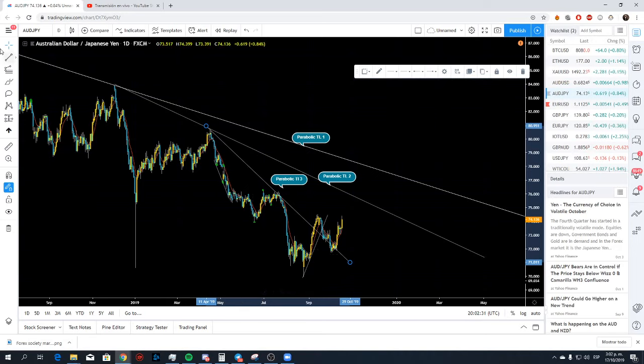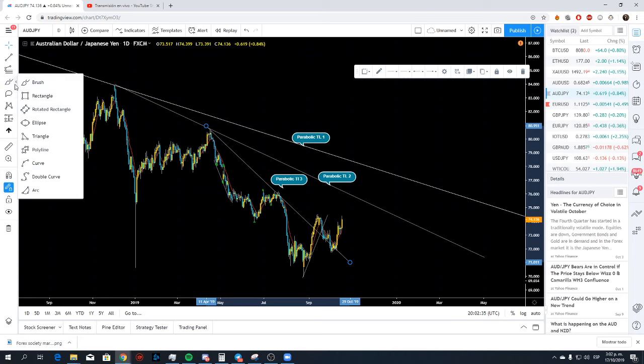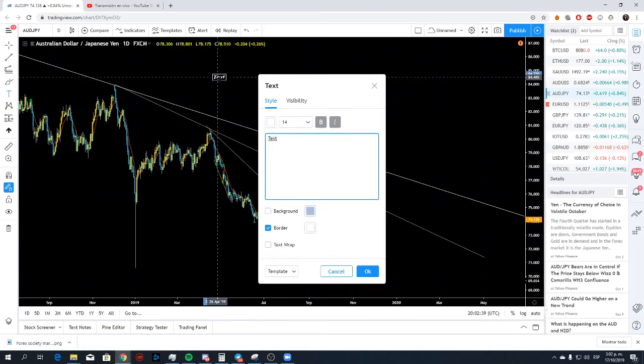Let me write it down. What is this text tool? Okay. Trend line rule.